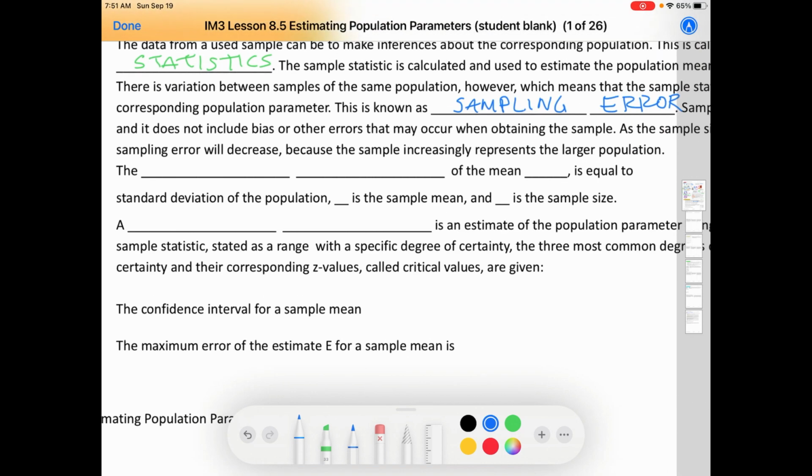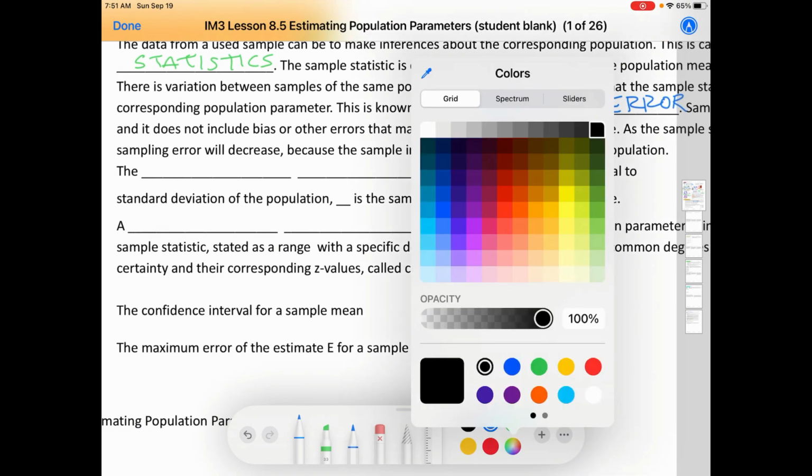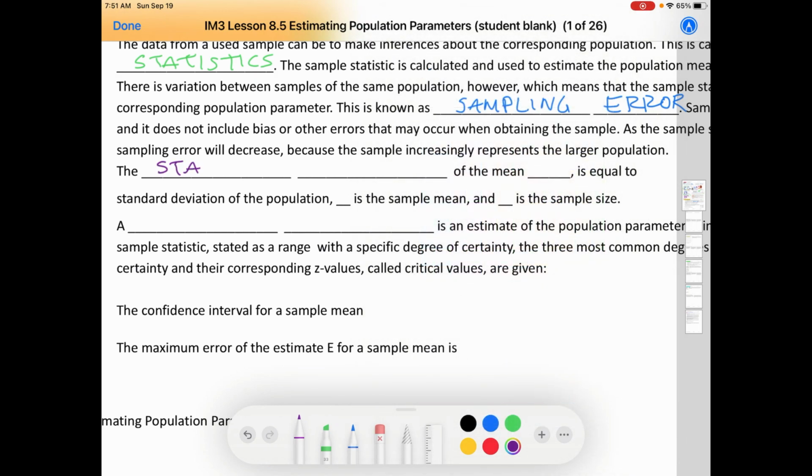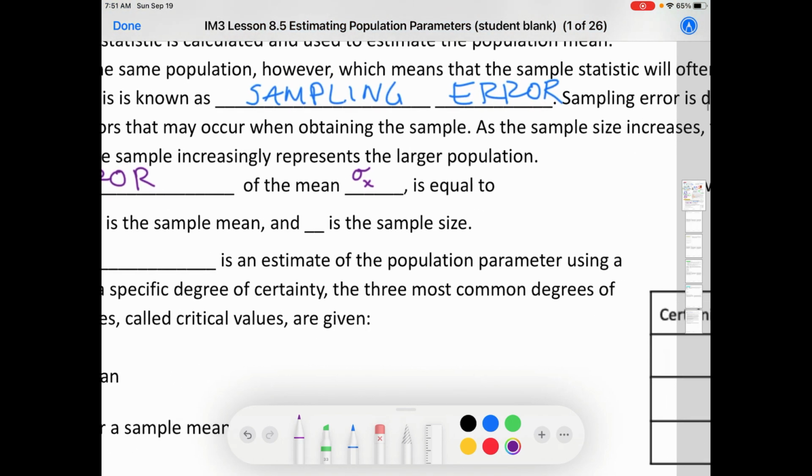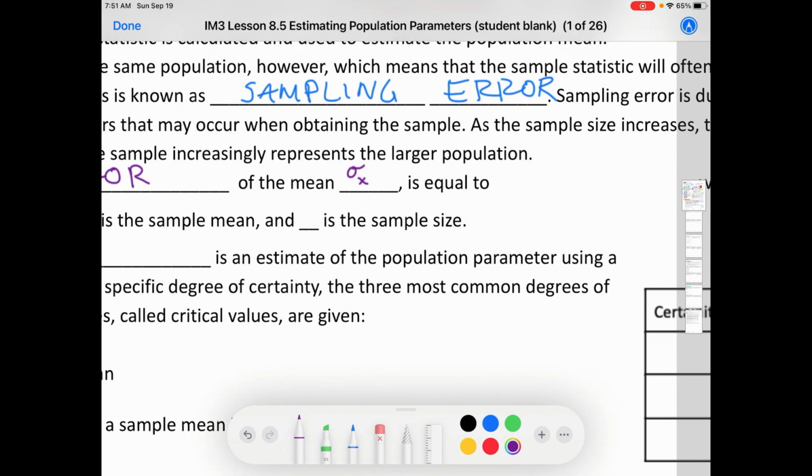The standard error of the mean, which is sigma sub x bar, is equal to sigma over the square root of n.